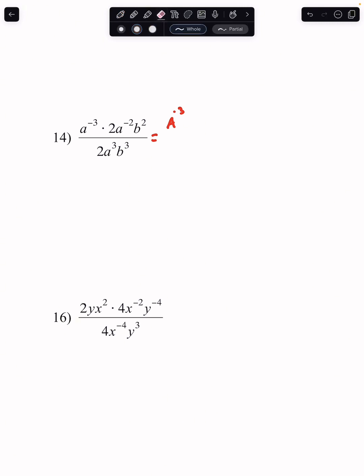I have this 2 out here that has nothing with it, so that's going to stay in the front. And then I have a to the negative 3, a to the negative 2. And when you add those together, that's a to the negative 5. And now I have b squared up here.